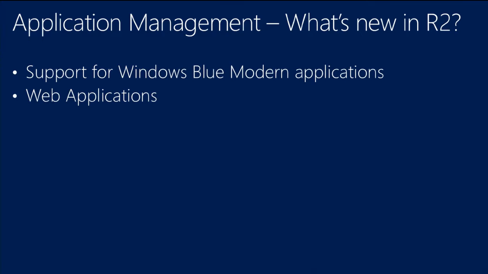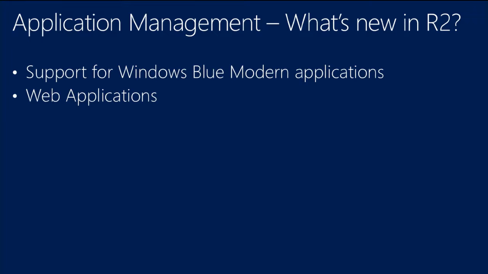The next feature we're adding is support for web applications. This is something that will be useful for your PCs and mobile devices. So both your on-prem and mobile devices can take advantage. The scenario is very straightforward. It could be a link to a SharePoint site in your intranet, or it could be a real app that you put as a web application on your internal network, and you want to make access to that web application easy.